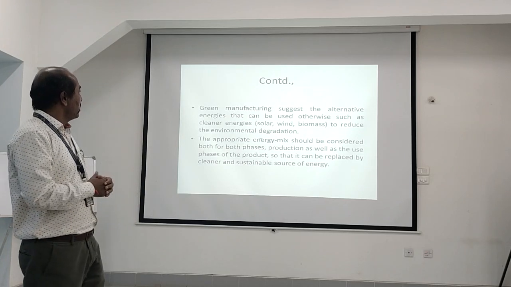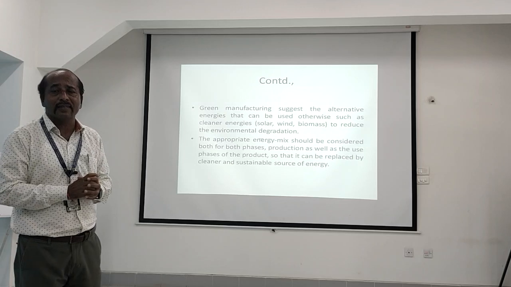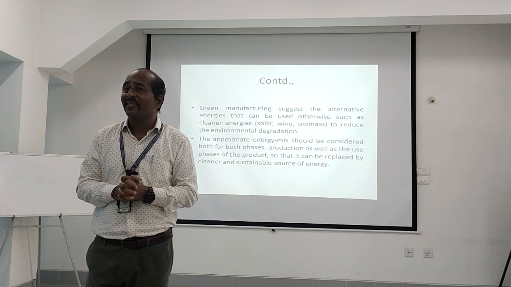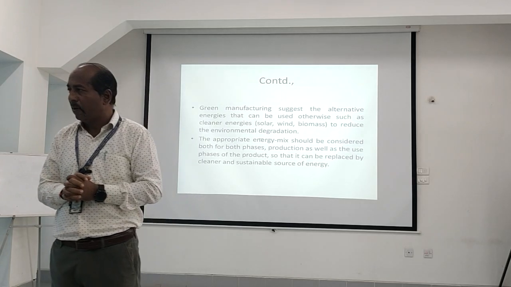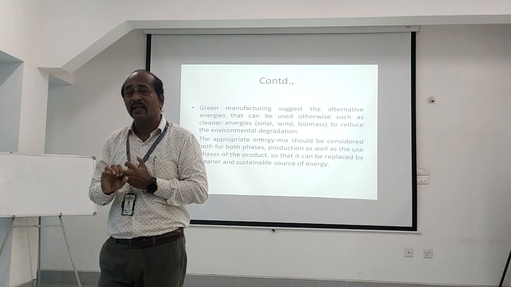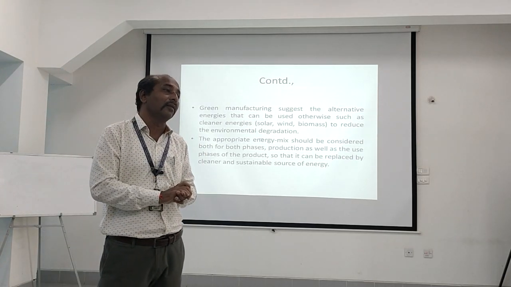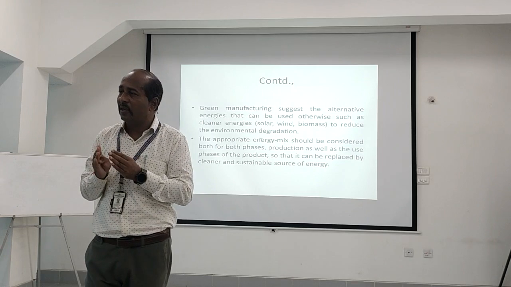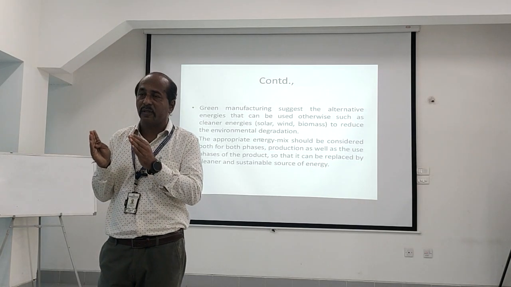Green manufacturing also suggests alternate energies that can be used. Some energy sources are called clean energy. For example, wind is a clean energy, hydel is a clean energy, biomass is a clean energy, tidal is a clean energy, and solar is a clean energy. So green manufacturing suggests the use of clean energy for the manufacturing process.